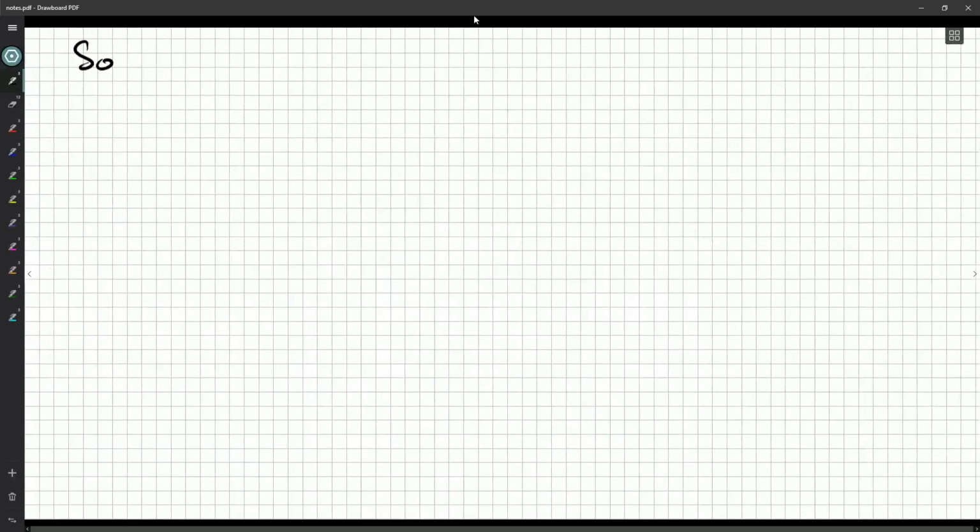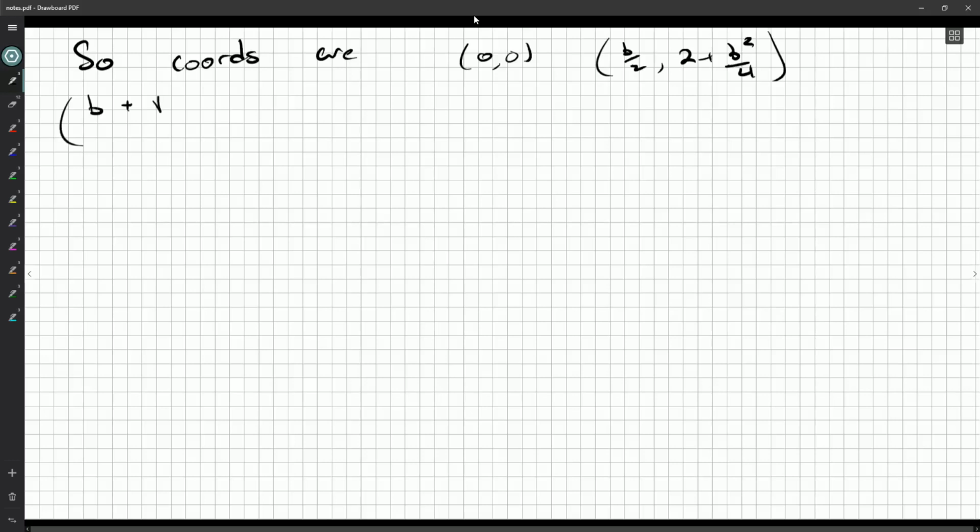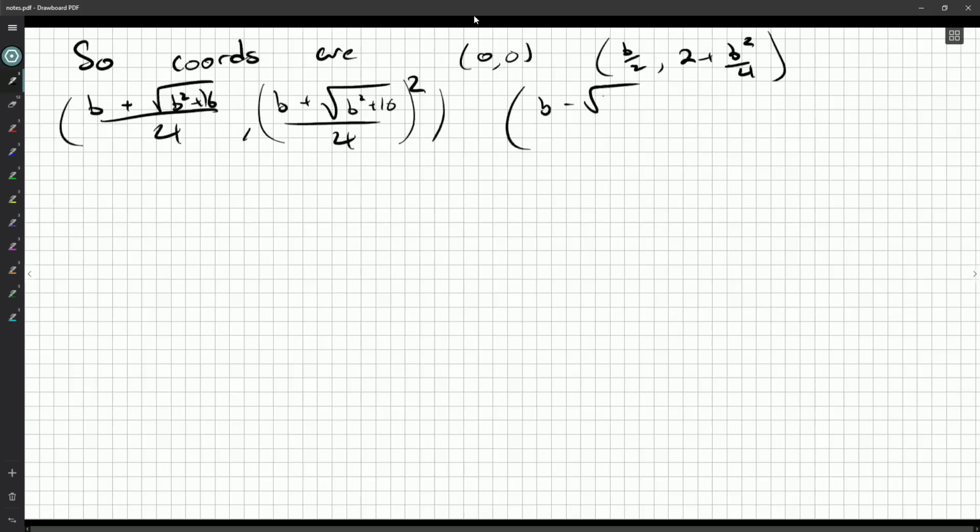So the coordinates are now 0, 0, b over 2, 2 plus b squared over 4, b plus the square root of b squared plus 16 all over 4, and that expression squared, and then b minus the square root of b squared plus 16 all over 4, and that very expression as well squared.